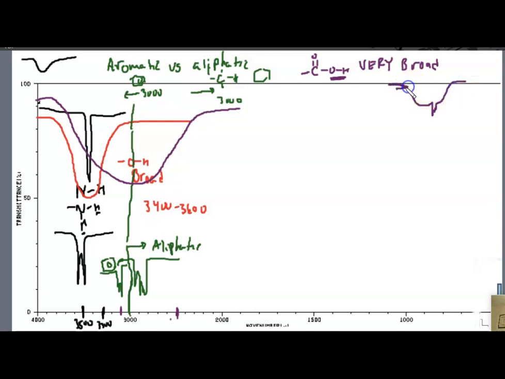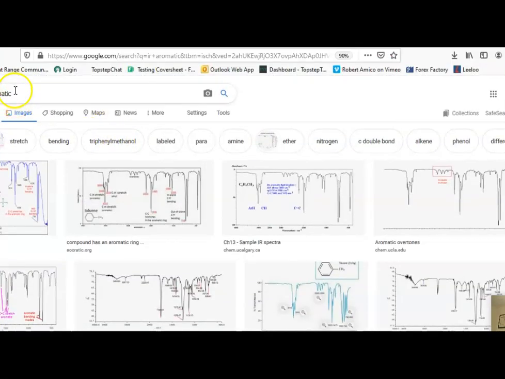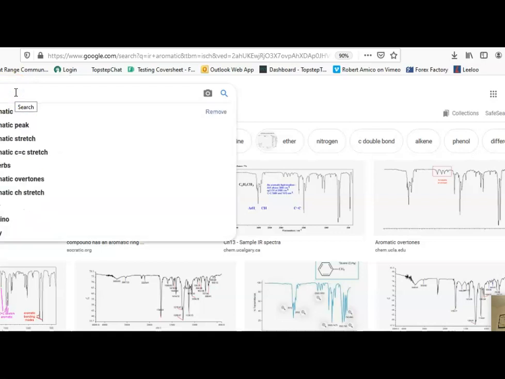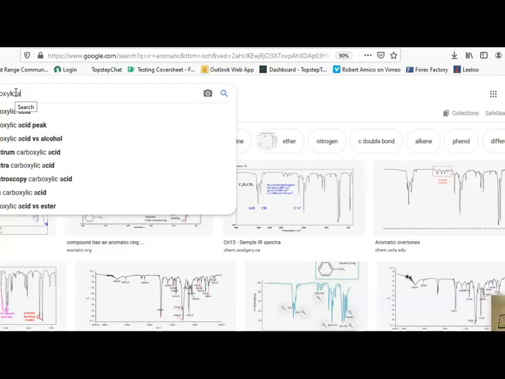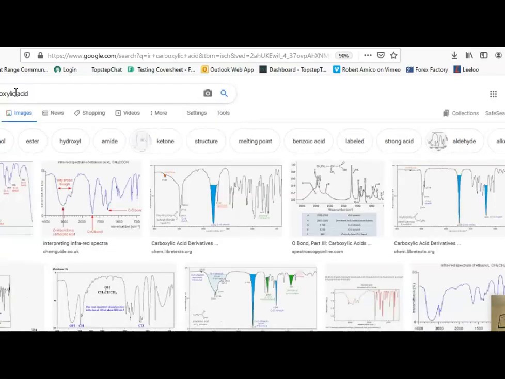So this big rounded peak is the carboxylic acid, and these things that are poking out are the aliphatic hydrogens and carbons. So you'll see them right there. Okay, so I'll show you what that looks like. That's a carboxylic acid, very characteristic. You would never confuse that with an alcohol. All right, and I'll show you the difference.